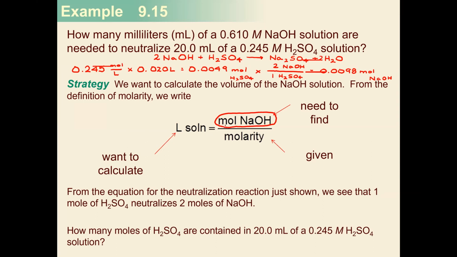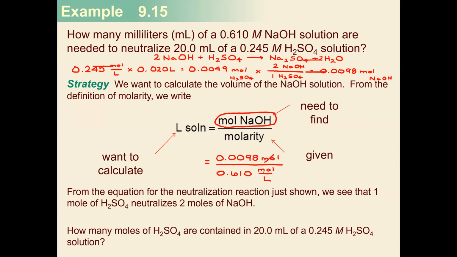What I can do is divide by the molarity that I am provided with in the question, and this will give me liters of solution. So in this example, I am able to say 0.0098 moles of my NaOH divided by the concentration. So that is going to be 0.610 moles per liter.